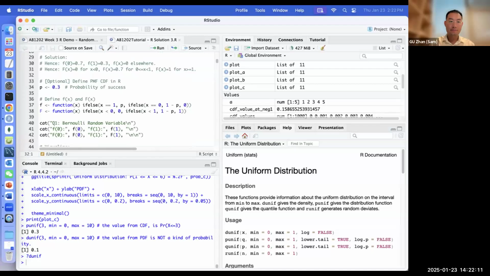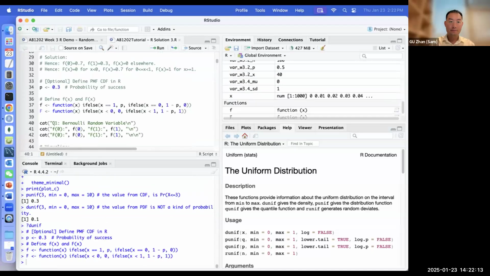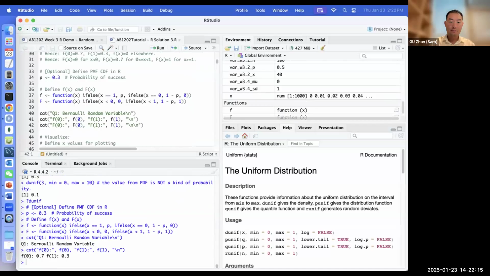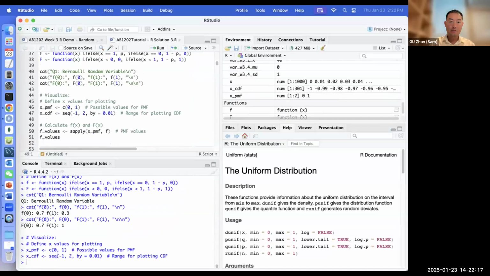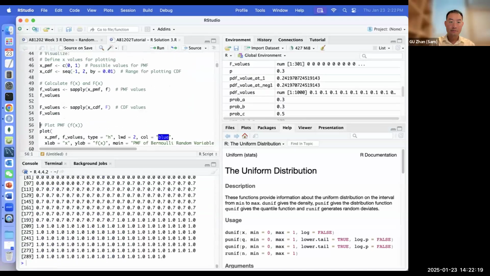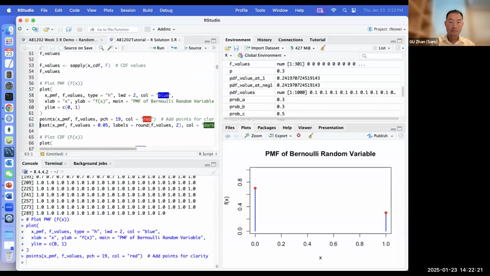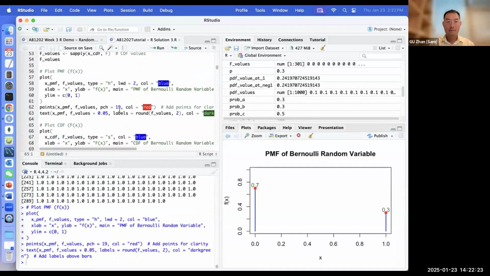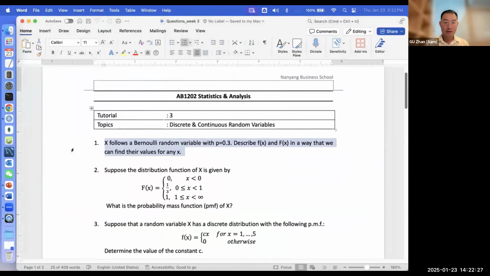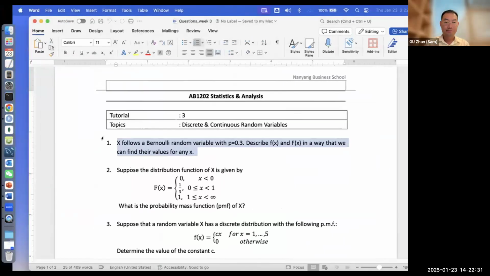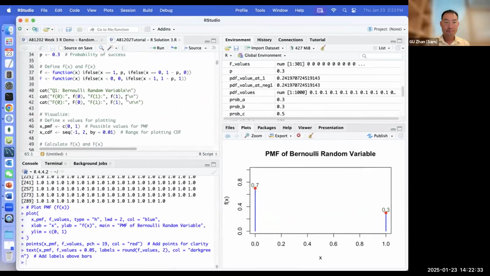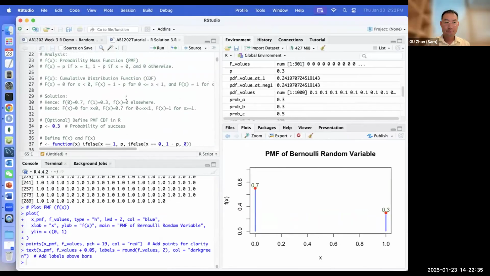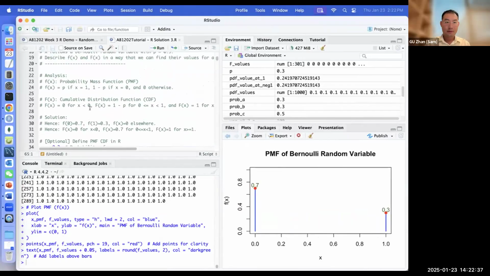Let's have a look. Let's visualize it. Okay, right. 0.3, X follows a Bernoulli random variable. It has an assumption here, right?